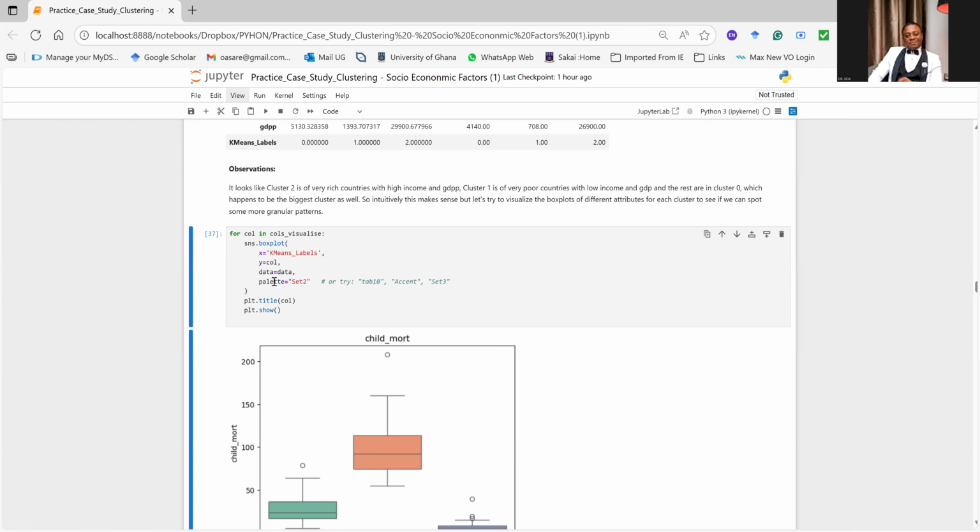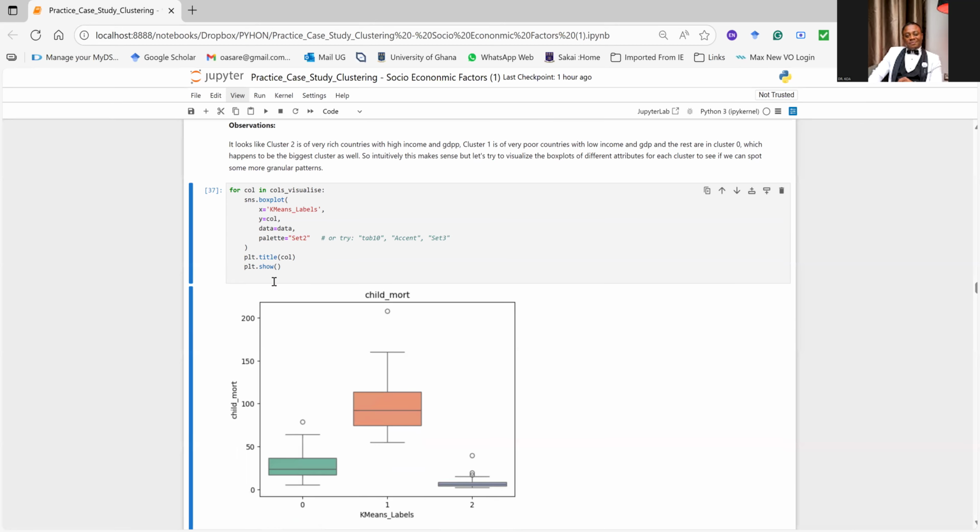It doesn't matter. The key point is that looking at this, you will notice that the wealthy people have very low mortality, and the poor people have very high mortality. You can see it by looking at the median, which is the center of each box. So child mortality is very high among the poor countries.